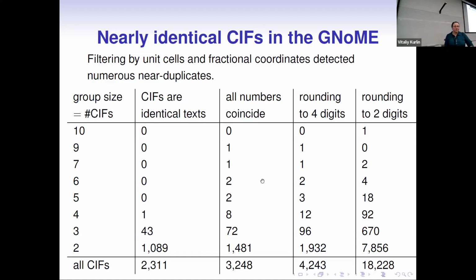If we start rounding, because essentially we can think of rounding as going back to the natural perturbations, then the number of coincidences grows even further. And let me note that there is a group of 9 CIF files, so 9 materials, that coincide numerically but not as texts. Yeah, 9 of them. We'll see them in a moment.